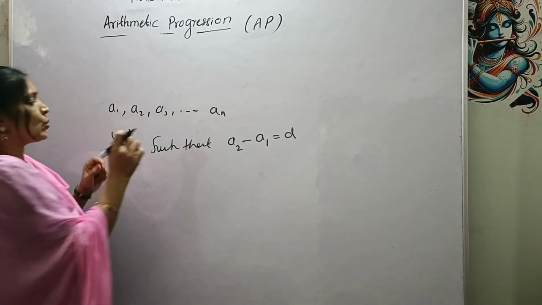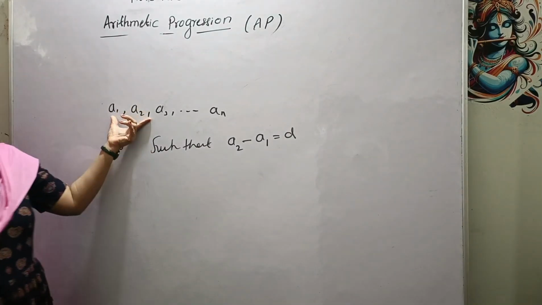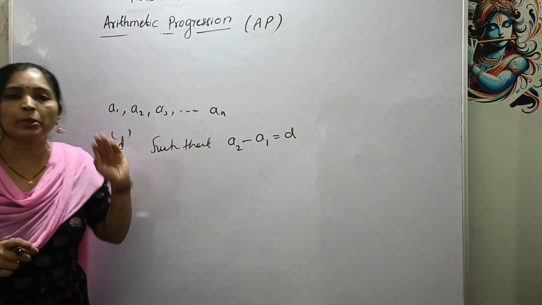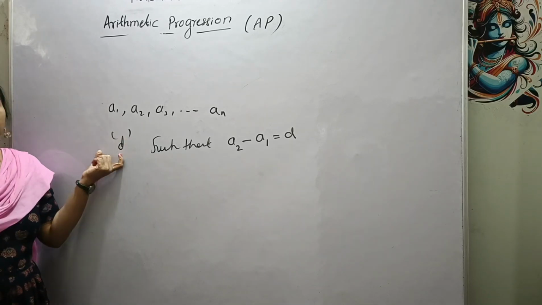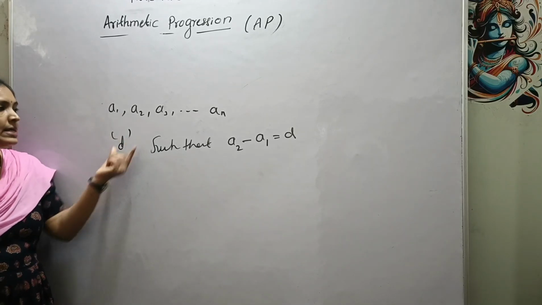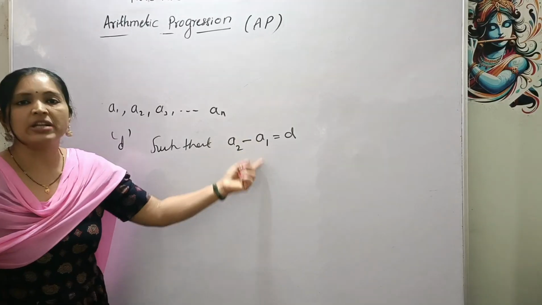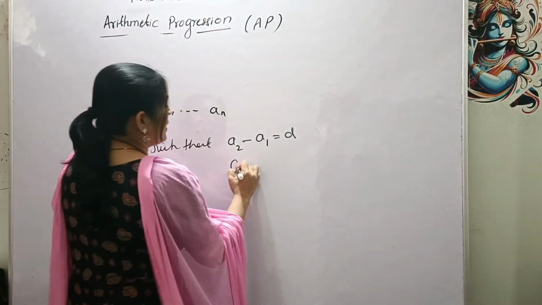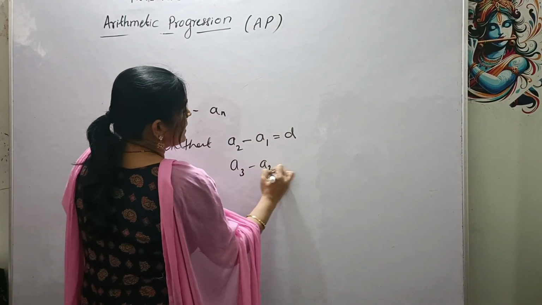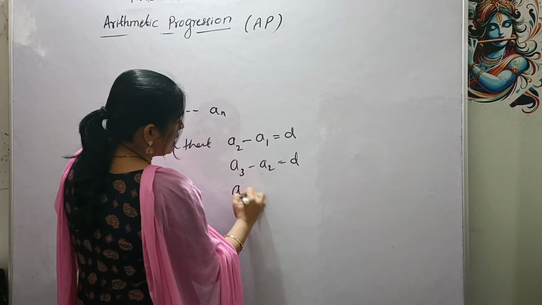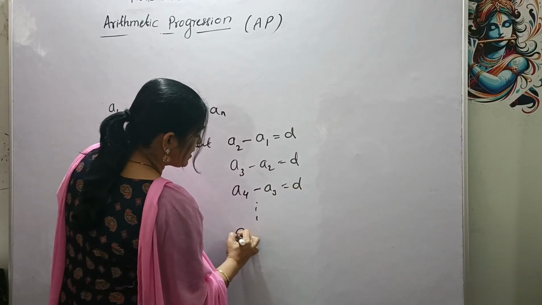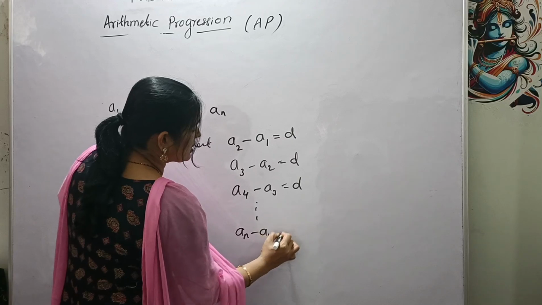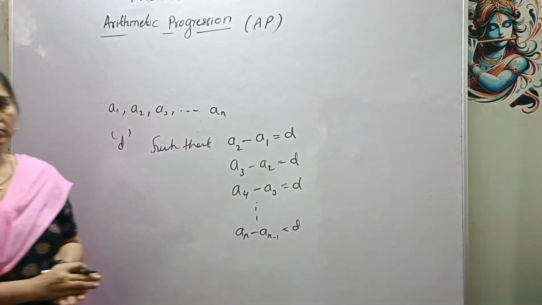Okay, so here this list of numbers is called an arithmetic progression if there exists a fixed number d such that a2 minus a1 is equal to d, a3 minus a2 is equal to d, a4 minus a3 is equal to d, etc., an minus a(n minus 1) is equal to d.